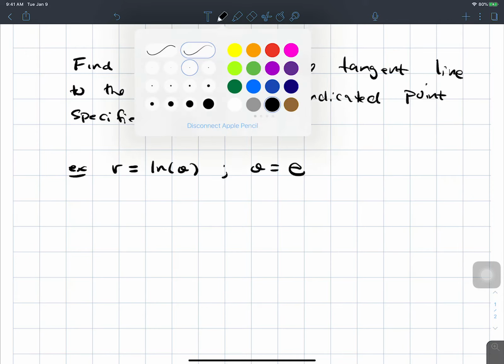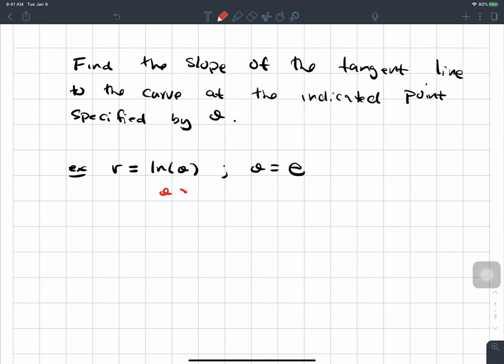I want you to note something here, that theta needs to be strictly positive because the natural log, ladies and gentlemen, is not defined at 0. But it is defined at 2 pi. So we can find what that is at the pole. However, you can't use an angle theta being 0, but we can use theta as 2 pi and so on. Just positive values for theta.